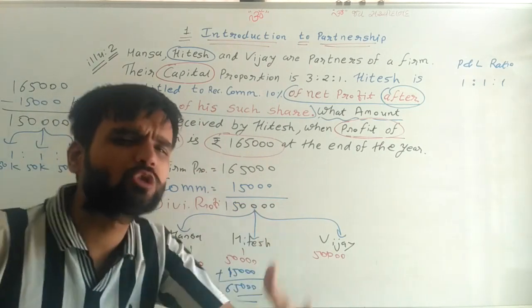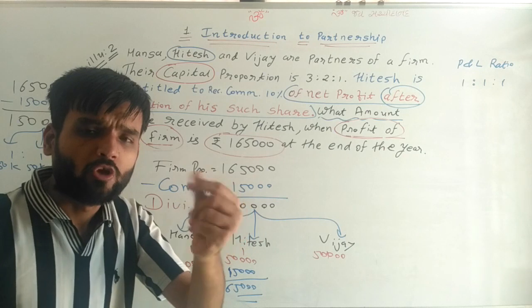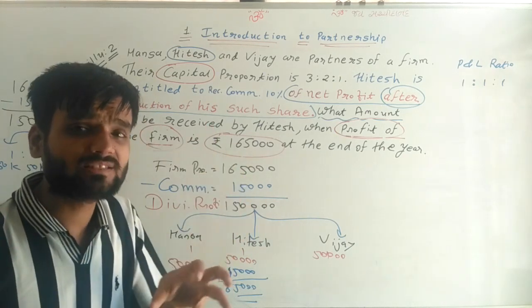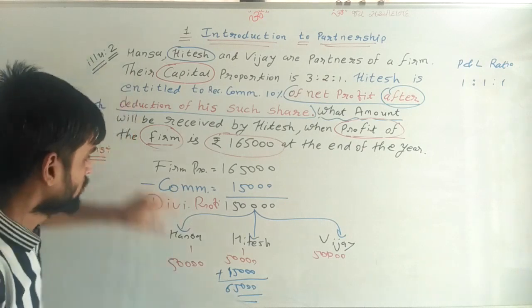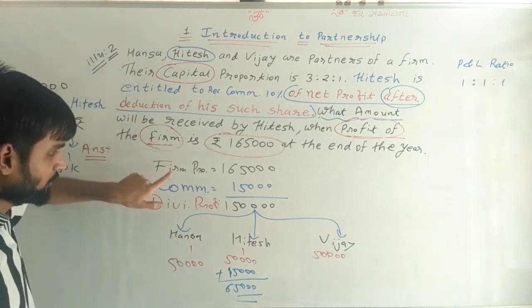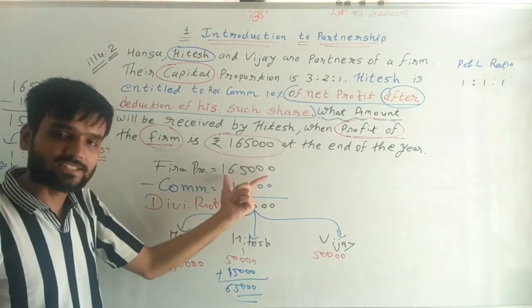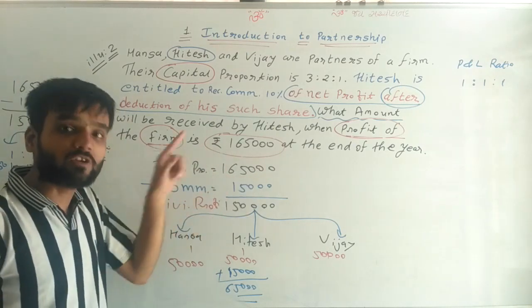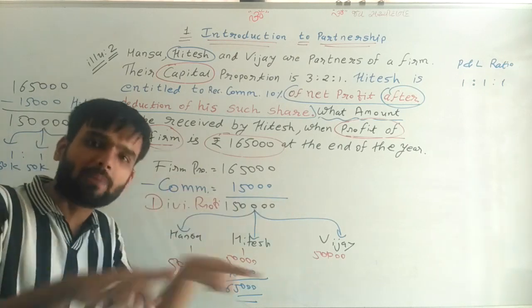But today what I need to clear to you is, which is the firm profit? What is the divisible profit? So sir, firm profit is 1,65,000. If we deduct commission, then we can distribute the profit to the partners.